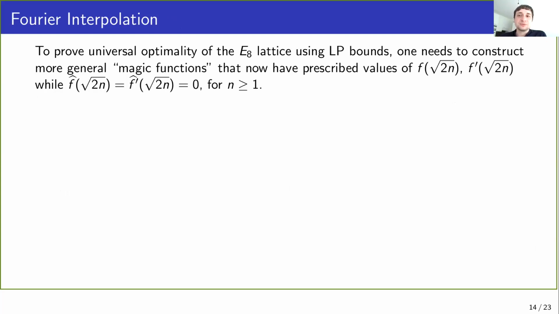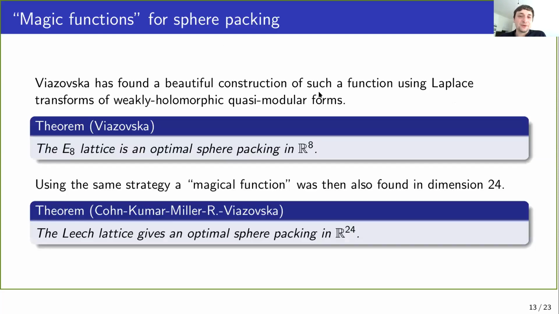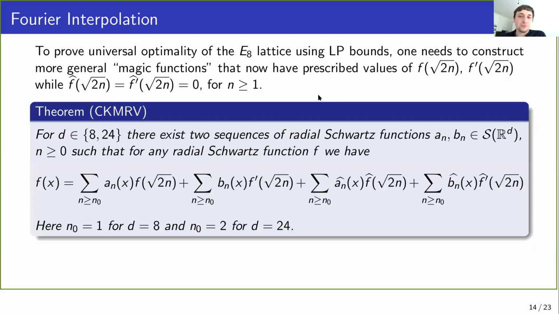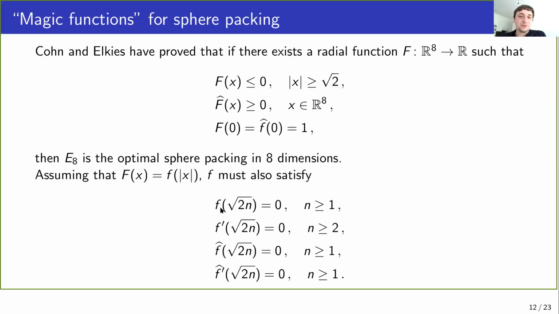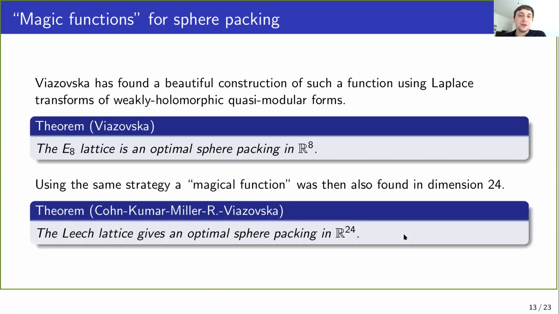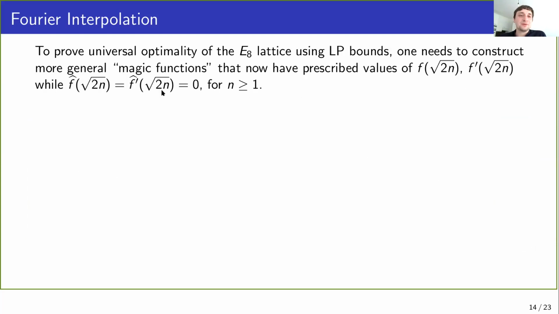So, and then in the universal optimality problem, one has to satisfy similar constraints, except now that we have general potential functions we have to match. It turns out that the values of f at square root n and f prime at square root n are more or less arbitrary.